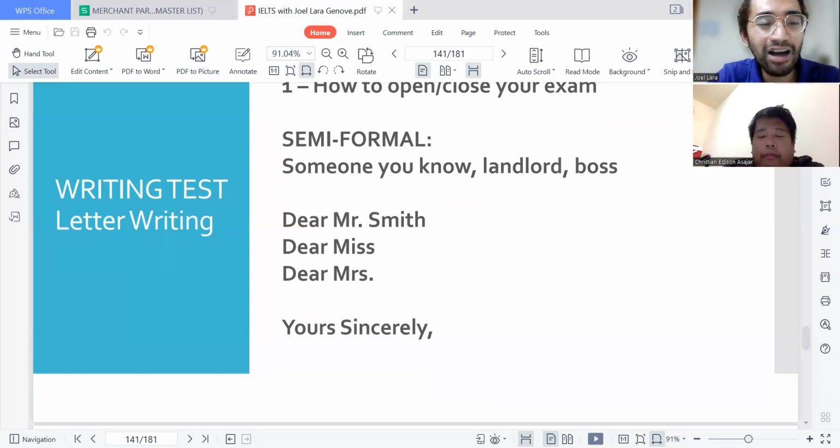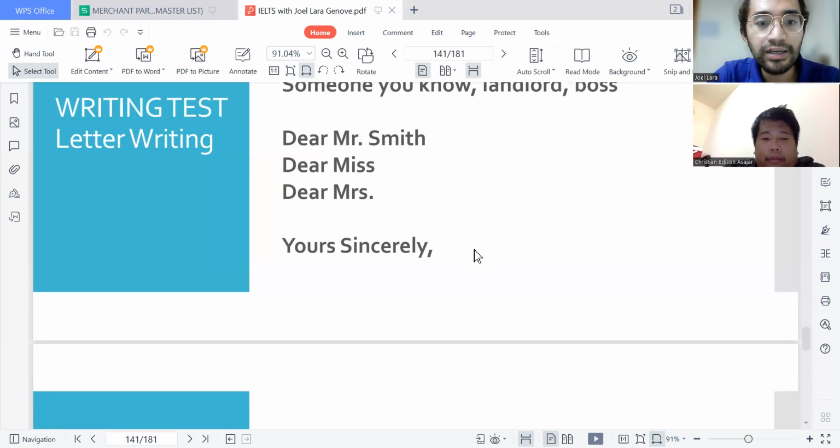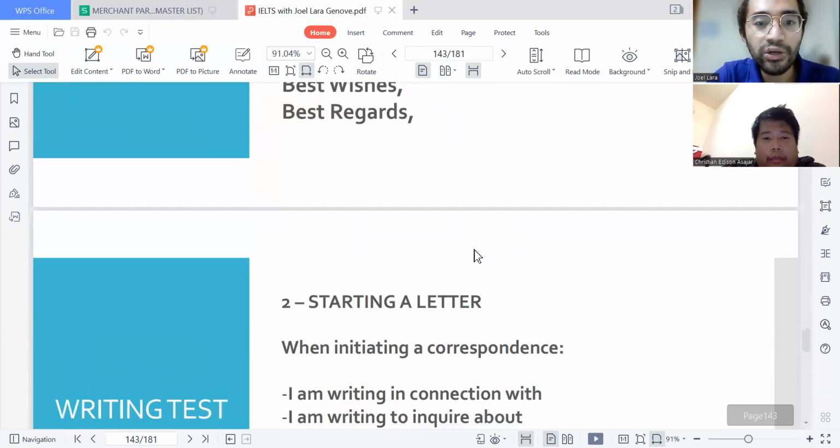That's why they call it Miss Universe, because the candidate should be unmarried and doesn't have kids. But if you are not sure, you can use Ms. But if you are sure that the person is married, you can use Mrs. And then you end with sincerely yours.